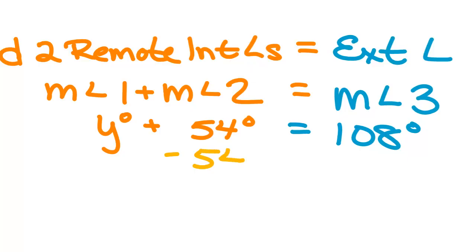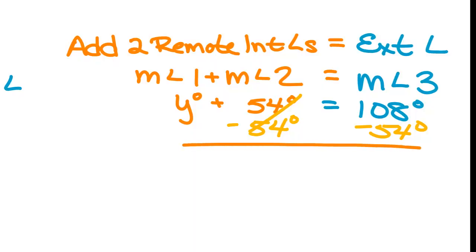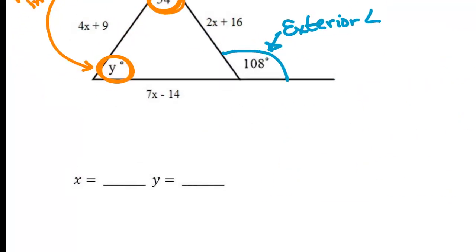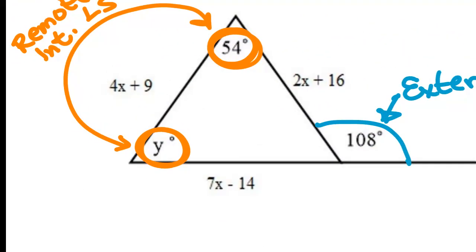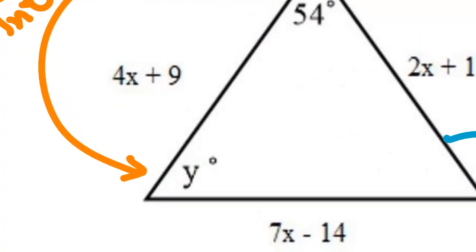Let's minus 54 from both sides. What is 108 minus 54? 54. All right, so we found y. That's 54.